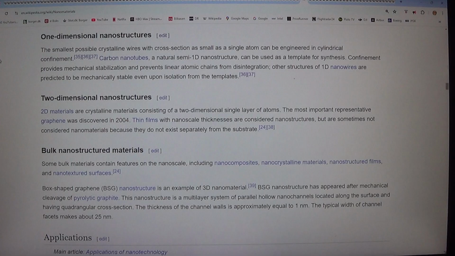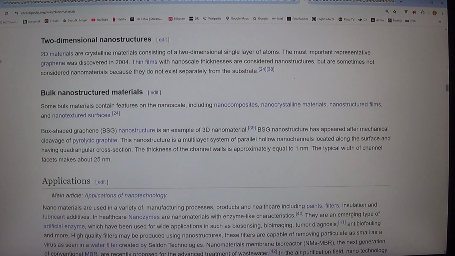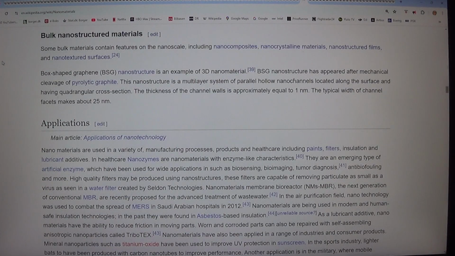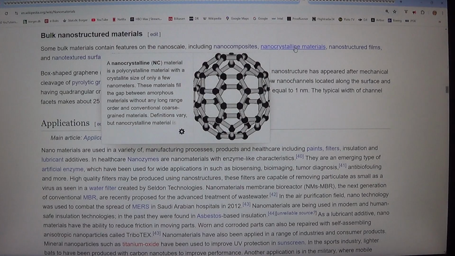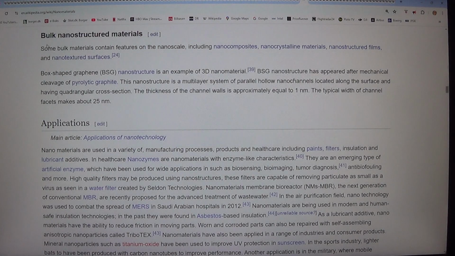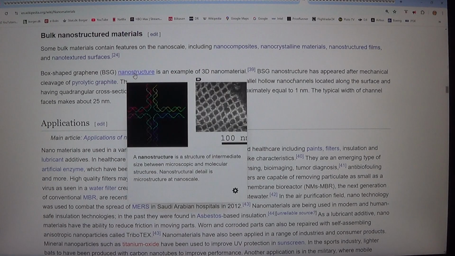Some bulk materials contain features on the nanoscale, including nanocomposites, nanocrystalline materials, nanostructured films, and nanotextured surfaces. Box-shaped graphene, BSG, nanostructure is an example of 3D nanomaterial.